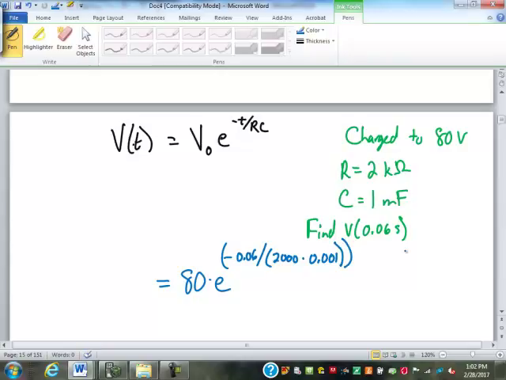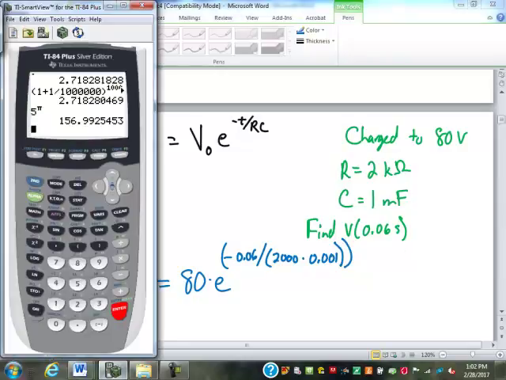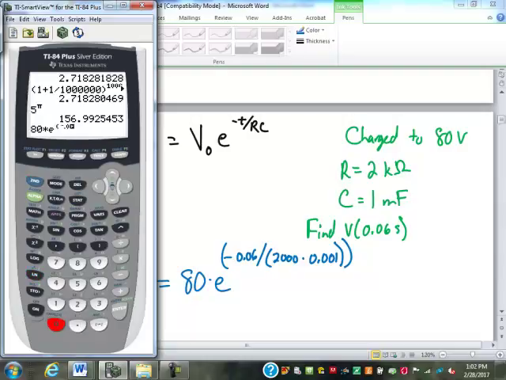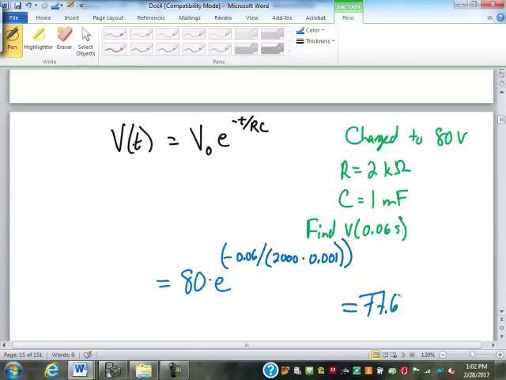And make sure you have 2 close parentheses on it. That sounds about right. You get the same thing, Hunter? 77.6356. So you've lost about 2.36, 2.37 volts in those 6 milliseconds. Don't forget the negative again in there.